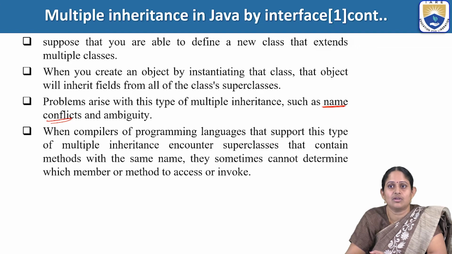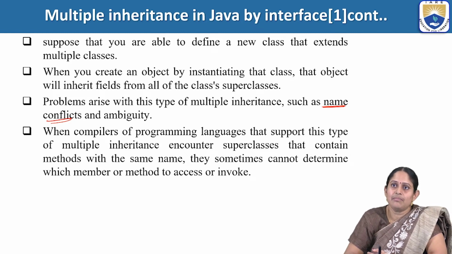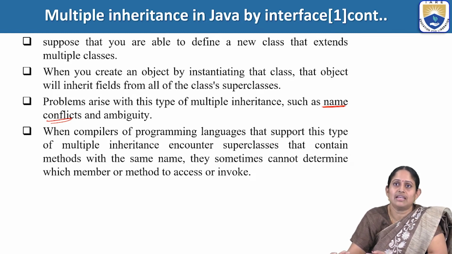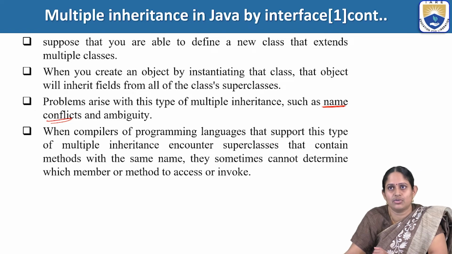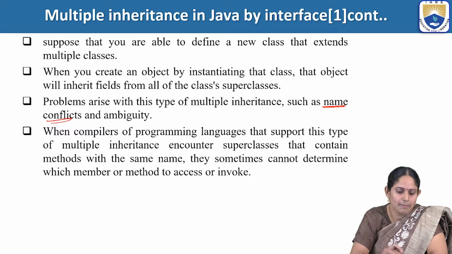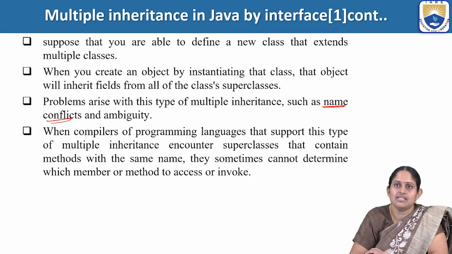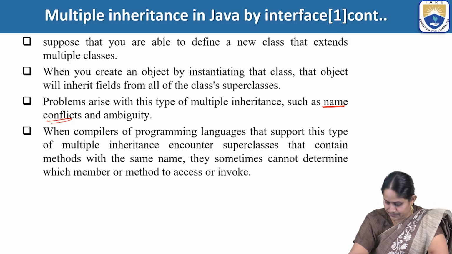So in such cases also there can be problems of ambiguity when we are implementing multiple inheritance using classes. So to prevent all these cases, Java supports multiple inheritance by the use of interfaces.